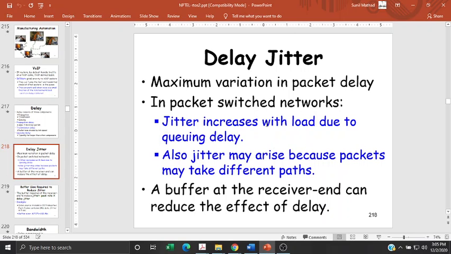Jitter is the maximum variation in packet delay in packet switched networks, and it increases with load due to queuing delay. So queuing is happening because of a traffic jam. If I say that I have to reach Jubilee Circle, what is the average? It depends upon the traffic at Gandhinagar, Vidyagiri, and whatever junctions and loads, or when there are congestions.